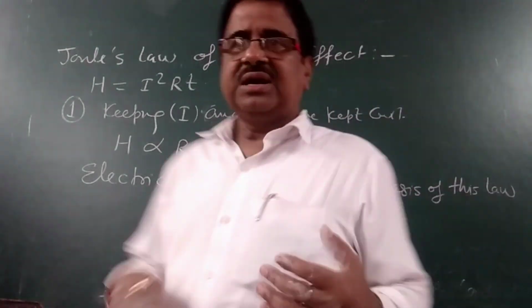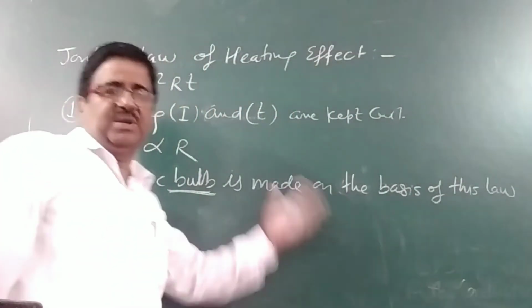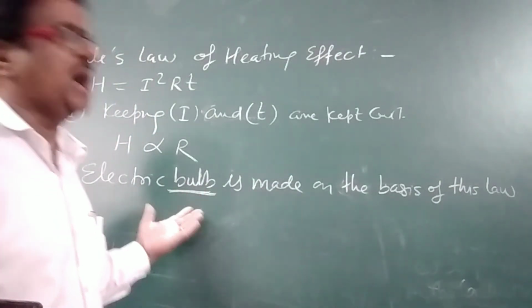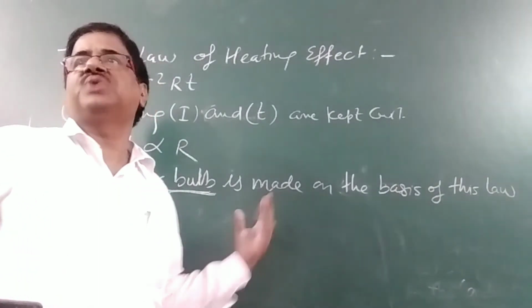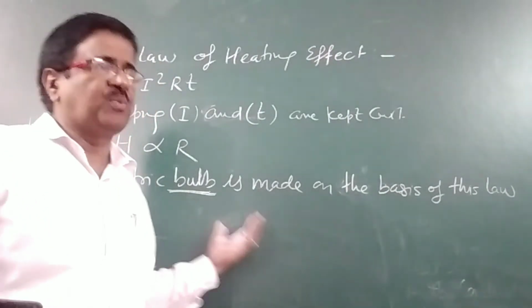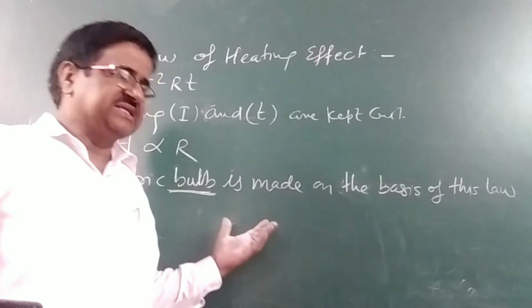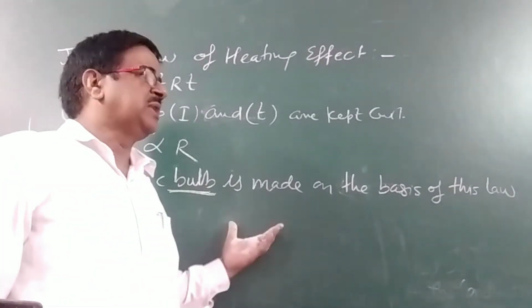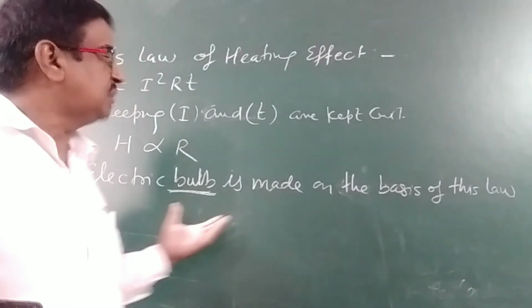That is why tungsten is taken as the filament of the bulb, because the resistance of tungsten is very, very high. It also has another property, that its melting point is also very high, about 3000.